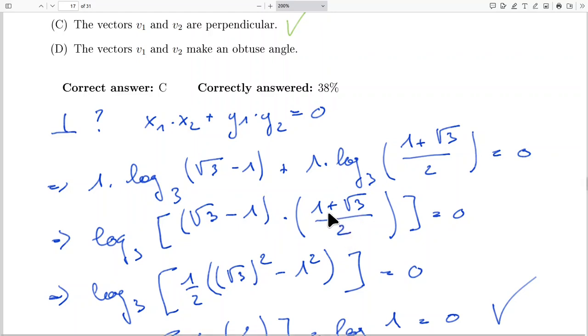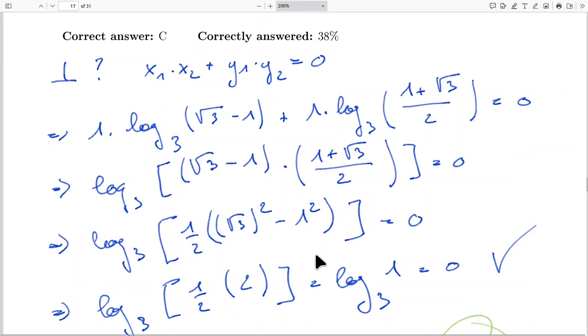Or if you put this 1/2 in front, then you get square root of 3 minus 1 and square root of 3 plus 1, so you can rewrite this thing as the square root of 3 squared minus 1 squared. So the square root of 3 squared is 3, minus 1 gives you 2.